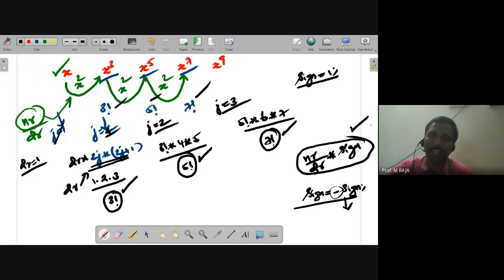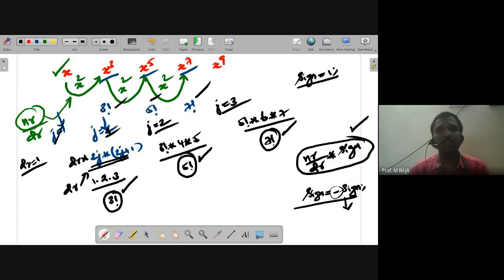Next stage, numerator by denominator into sign. That sign becomes a negative quantity. Then next stage, sign is equal to minus sign. Minus 1 into unary minus becomes plus 1. So plus minus plus minus plus minus, that means the alternate terms' signs are extracted.